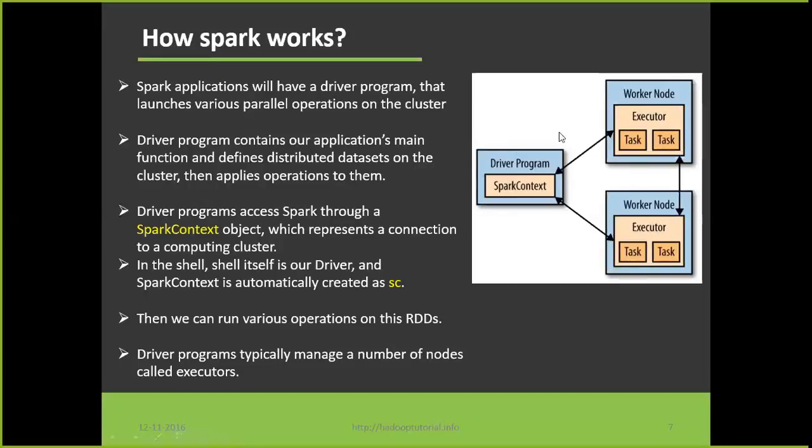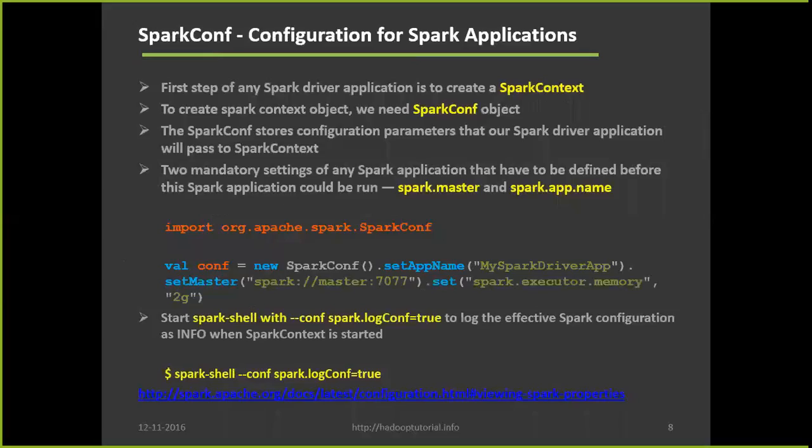In Spark terminology, the slave machine is called a worker node. Inside that slave machine, the JVM process that executes your tasks is called an executor.